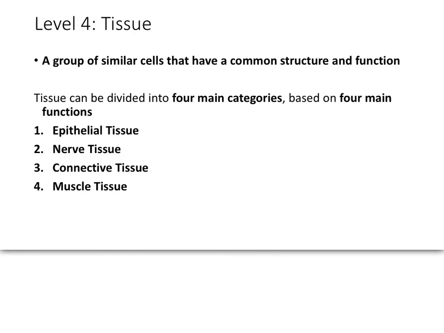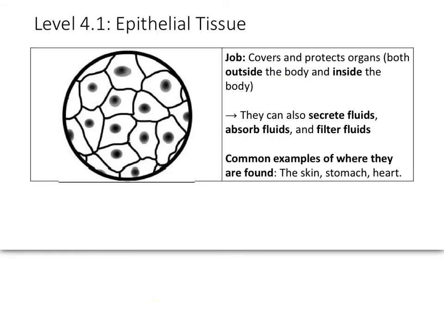Now this is where we ended up last class. So we have 4 categories of tissue. And what we're going to do right now is take time to go through each of these categories. So our first type of tissue is the epithelial tissue.